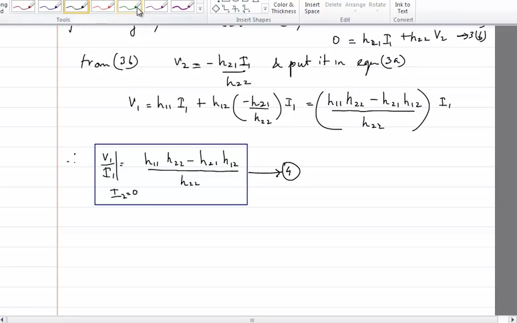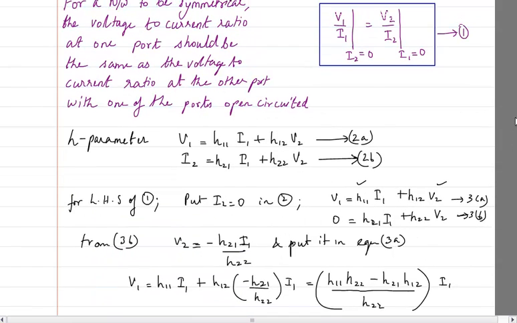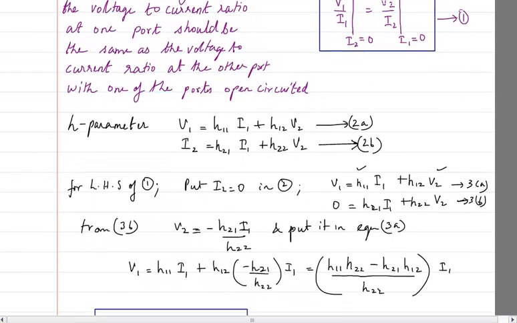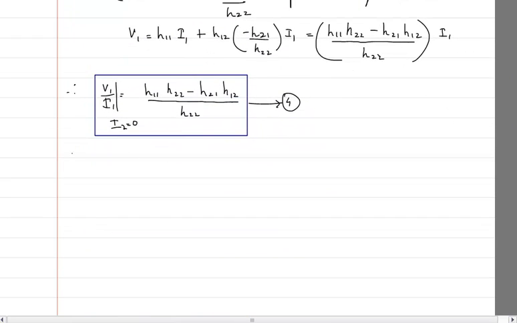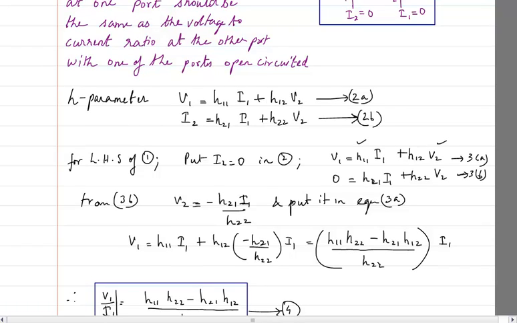Next I have to find out the right hand side. So again, right hand side is V2 by I2 when I1 is equal to 0. So for RHS of equation 1, put I1 is equal to 0. Where I have to put I1 is equal to 0, I have to put in equation 2a and 2b.